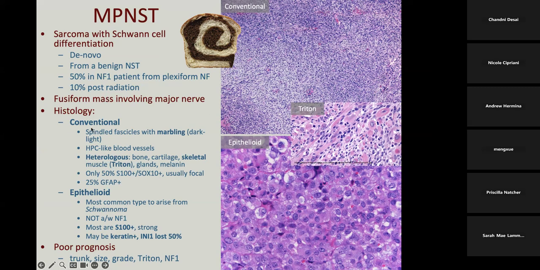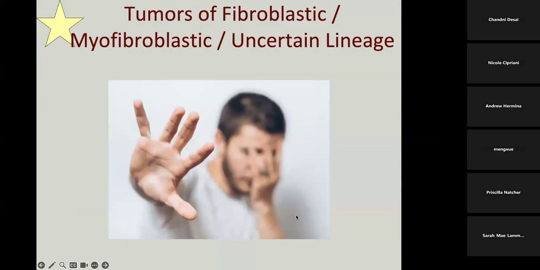MPNSTs can be challenging to diagnose outside of this context because they often lack or are only weakly positive for S100 SOX10. So always look for syndrome or look for association with nerve. Epithelioid ones tend to be more S100 positive. That is all I will say for now.